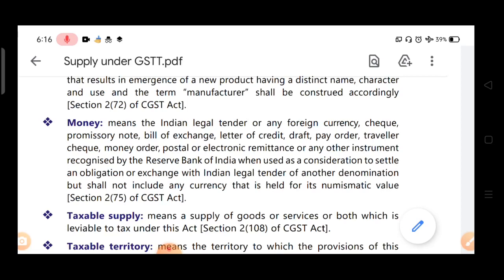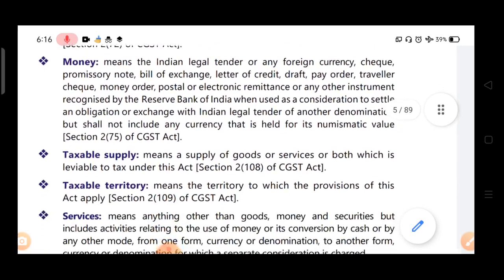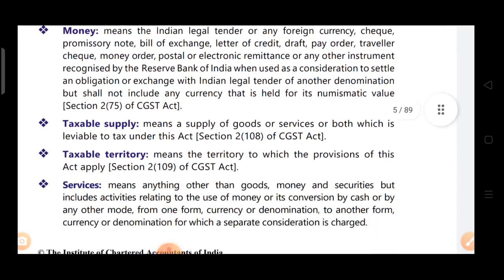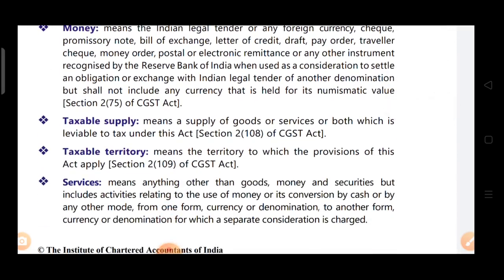So this numismatic value is excluded, meaning the currency that is held for its numismatic value is excluded from the definition of money. Okay, they are talking about antique coins and currencies. The value that can be fetched from the sale of antique coins or currencies is not included in the definition of money. Now taxable supply.